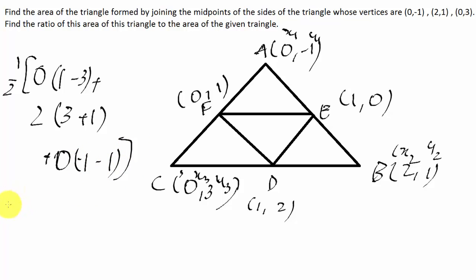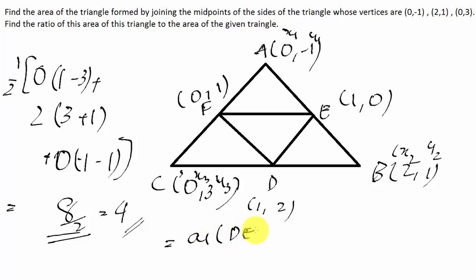Okay, so this is gonna be equal to 8 by 2 equal to 4. Now when you take the ratio, it's gonna be area of DEF divided by area of ABC. It's gonna give you 1:4.